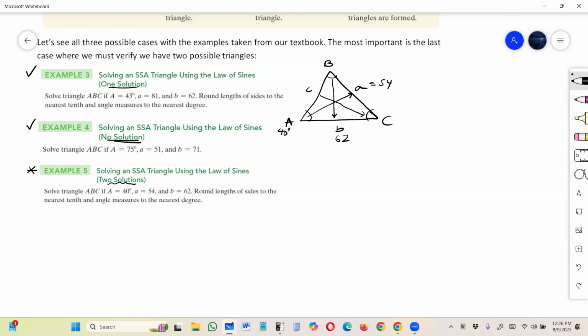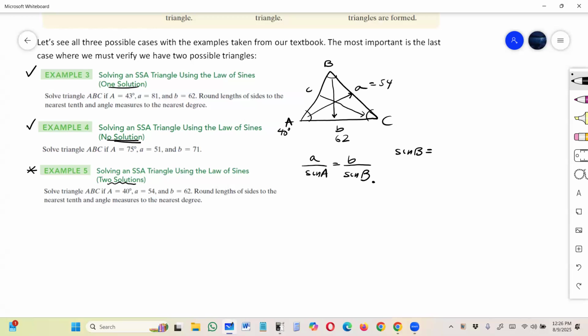So very similar to what we had before. We have a whole ratio and we have to start with B. So I'm going to go A over sine A equals B over sine B. We've seen this before. I have to solve for angle B. So I'm going to cross multiply, divide everything by A, and I'm going to end up with this.